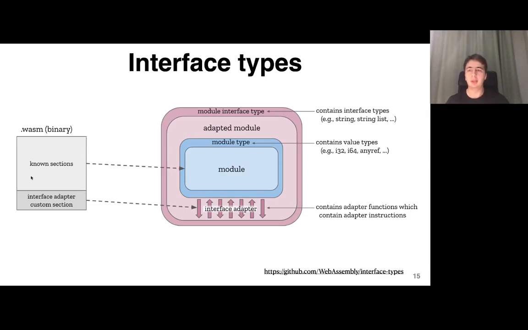Another takeaway from the slide is that Wasm in binary format is divided into sections. There is a special section called the custom section, which can contain any user-defined byte array, and interface types should be located in this section. Also, it's important to know that the interface types proposal adds several instructions.